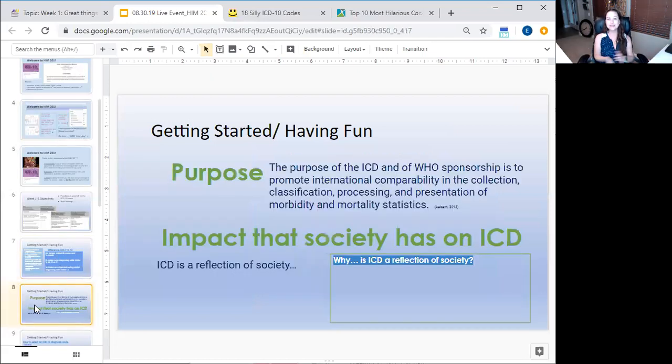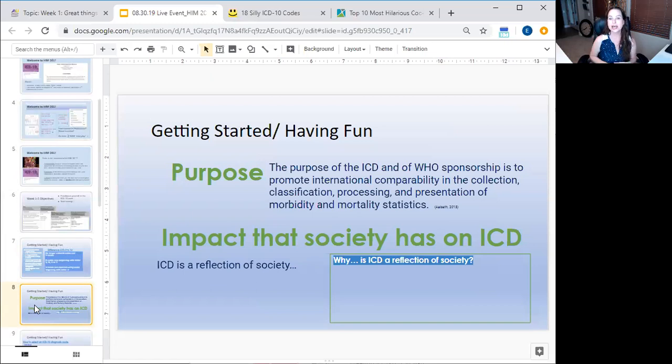Why in the world do we even use ICD? Again, this is kind of a week 1 question, but it is important to understand the purpose. So like I said, in the United States, we do tend to use it for reimbursement. We also use it for research. But outside of the United States, it is primarily used for collecting data, for studying morbidity and mortality statistics, for looking at outcomes, those types of things.